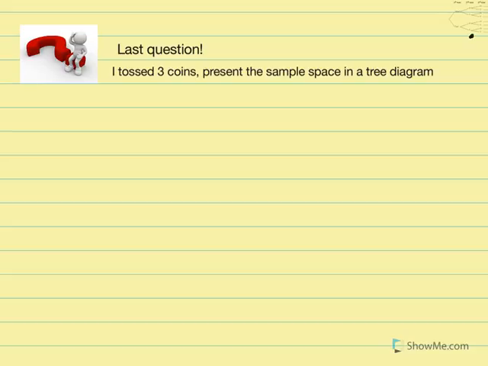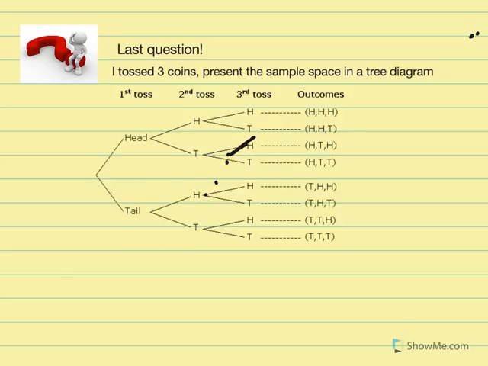Now I've done one up already, so I'm going to show you this tree diagram from tossing 3 coins. So there it's coming now. There we go.